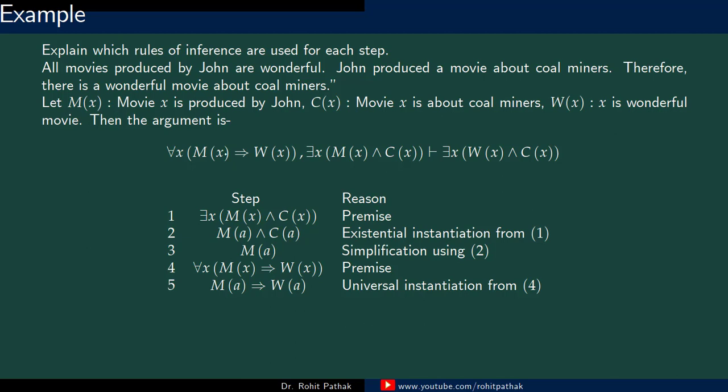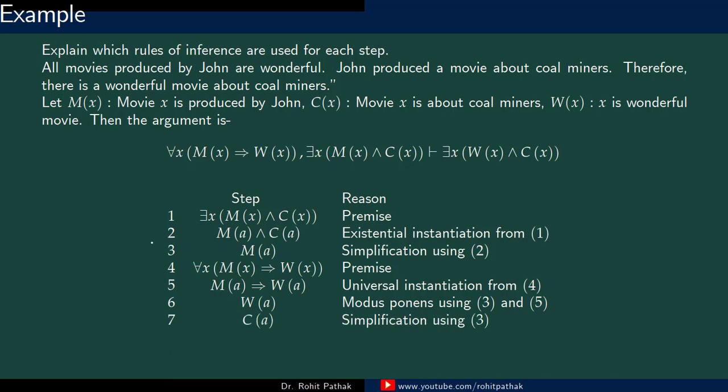So this is true for all movies, therefore this is true for A. So this is WA using modus ponens, modus ponens from 3 and 5. P and P implies Q gives Q.